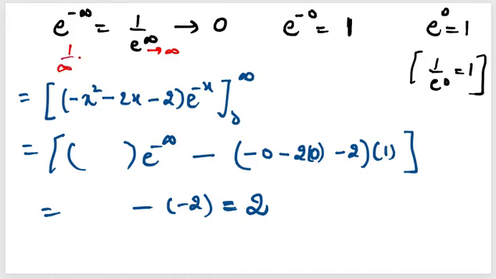Always remember 1 upon infinity tends to almost 0, so we take it as a limit 0, and e to the power 0, whether negative or positive, is 1, because 1 upon 1 is 1.